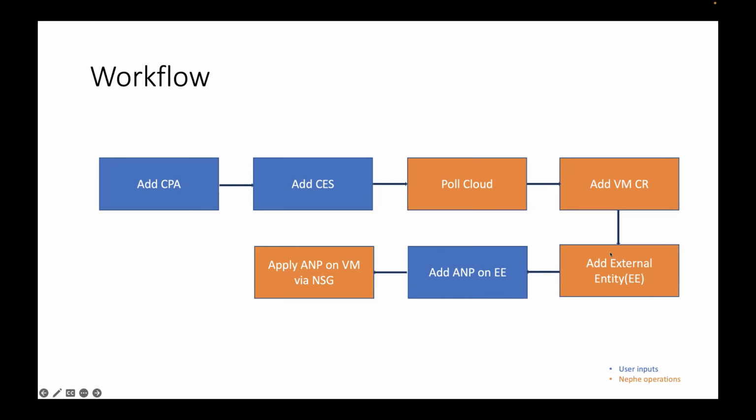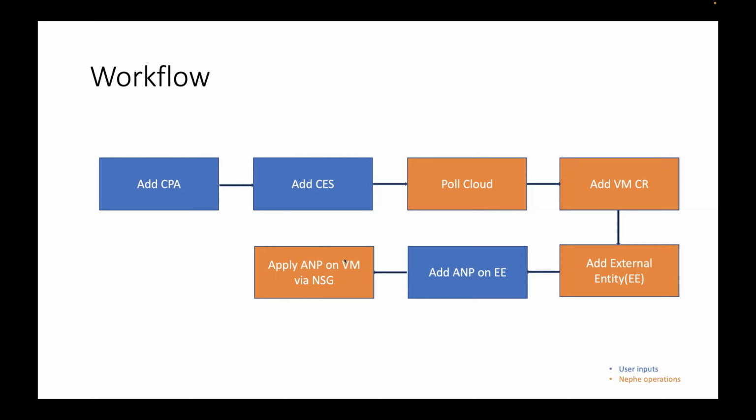If it sees any Antrea network policies referencing an external entity created by Nephi, then only those policies are received by the Nephi controller. It will be clear when I show this in the demo.